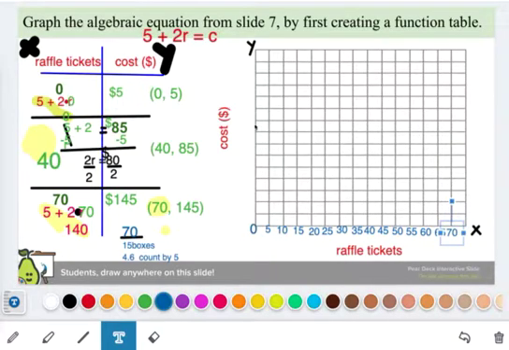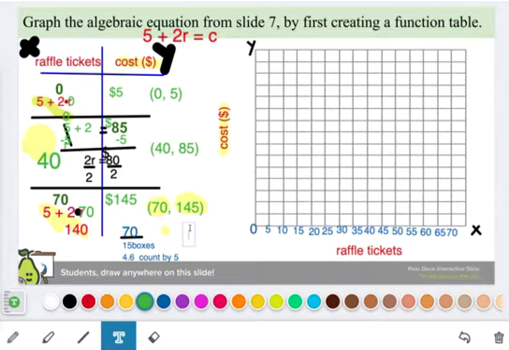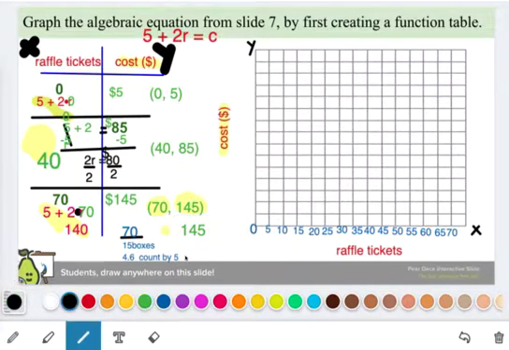So we got 70 there. Now for our cost, this one right here, our largest cost is 145. So we take that 145 divided by the 15 boxes that are there.